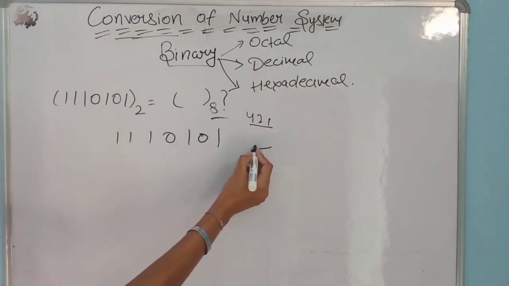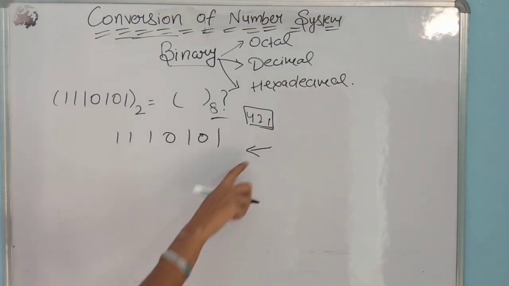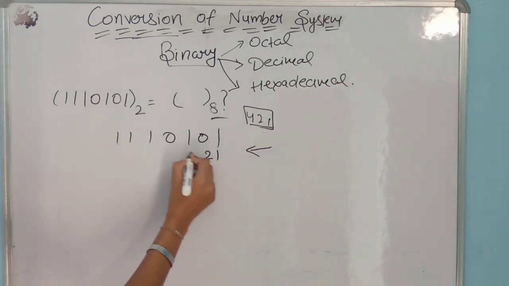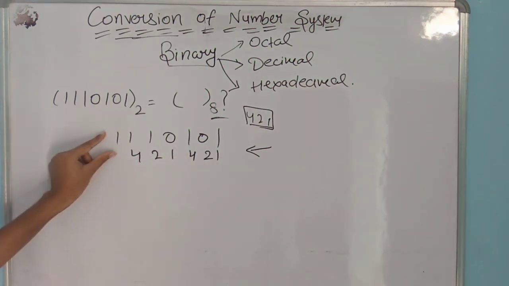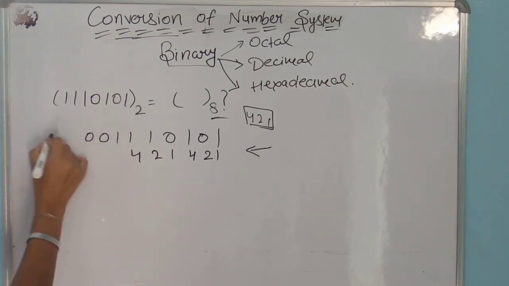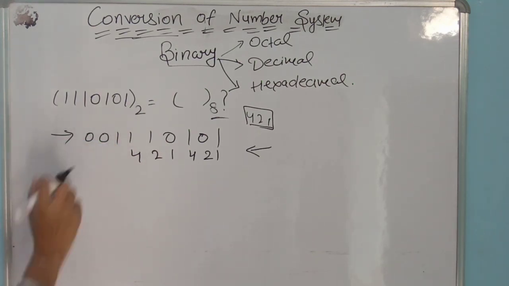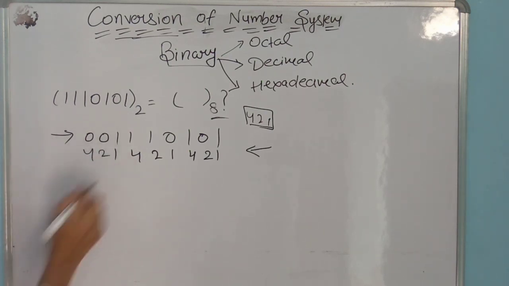So now we insert 4 2 1 for each group from the right side like this. Now this is only one digit, and we can insert two zeros on its left side and complete this group. And now apply 4 2 1.